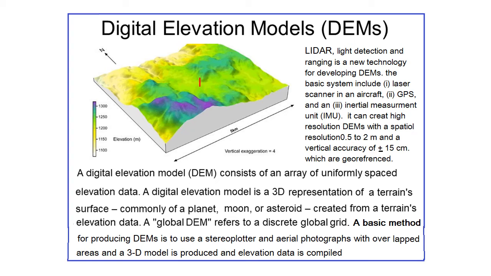Created from a terrain's elevation data. A global DEM refers to a discrete global grid. The basic method for producing a DEM is to use a stereo plotter and aerial photographs with overlapped areas, and a 3D model is produced and elevation data is compiled by the compiler or the GIS expert.